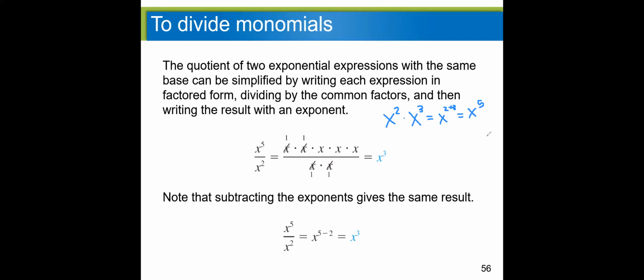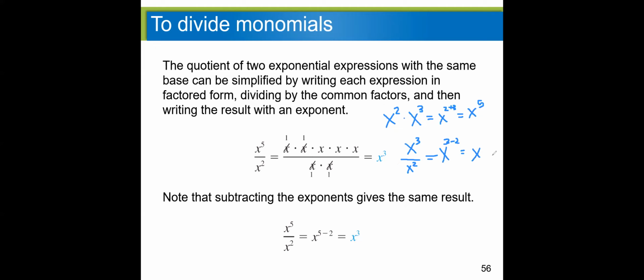So multiplication steps down to addition when you deal with the exponents. Likewise, division steps down to subtraction. If I divide x to the third by x squared, that's the equivalent of x to the 3 minus 2, or just x to the first. Exact same thing.